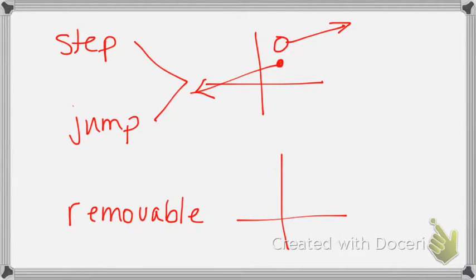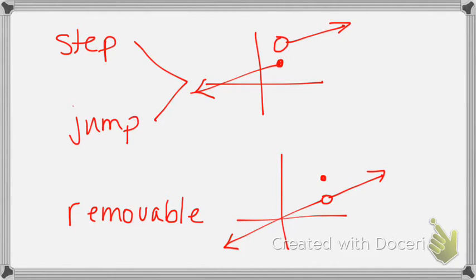A removable discontinuity is where there's a graph and there's just a hole in it. There may or may not be a point somewhere else, but that's called removable. If it ever asks what kind of discontinuity makes a function discontinuous, these are the types of discontinuities in functions.